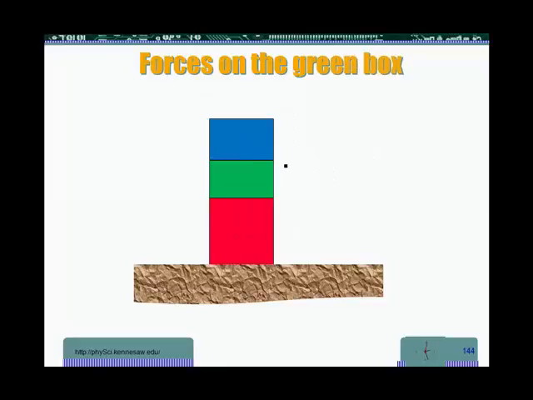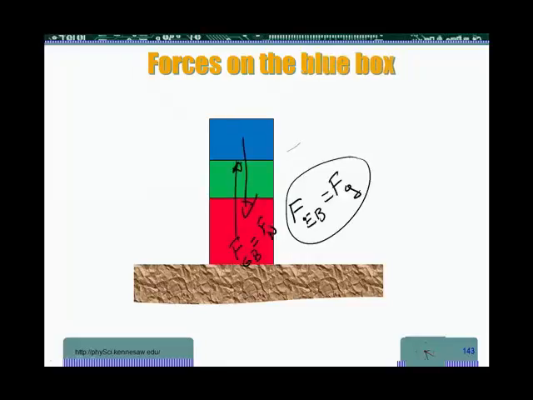So what that means, I'm going to have a force exerted by the Earth on the green box. Okay, now, what else? We said in the previous screen that the green box is exerting a normal force on the blue box. There must be a reaction to that.